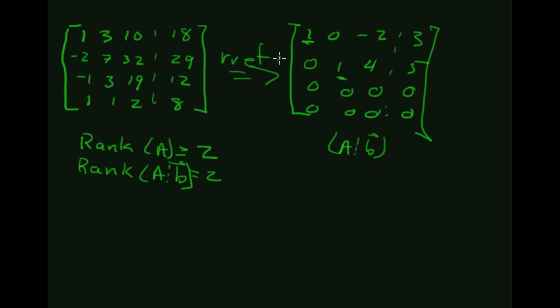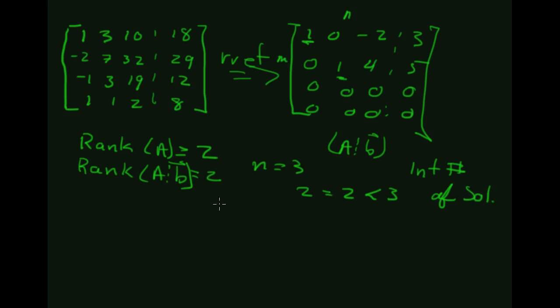And if A is an M by N matrix, then N is 3. So I know that the rank of A, 2, is equal to the rank of A augment B, 2, and that is less than 3. And according to what I know from the notes, this tells me I have an infinite number of solutions.